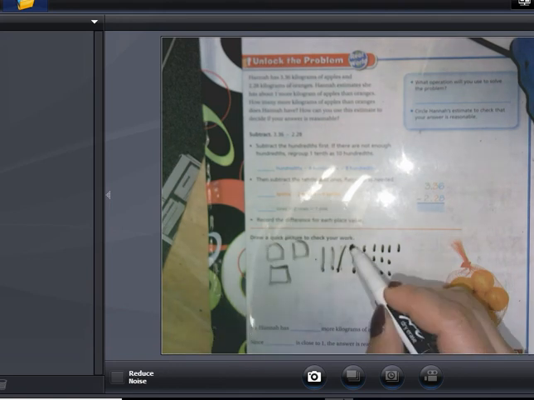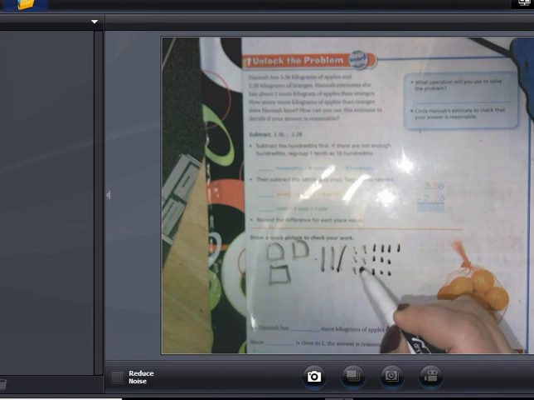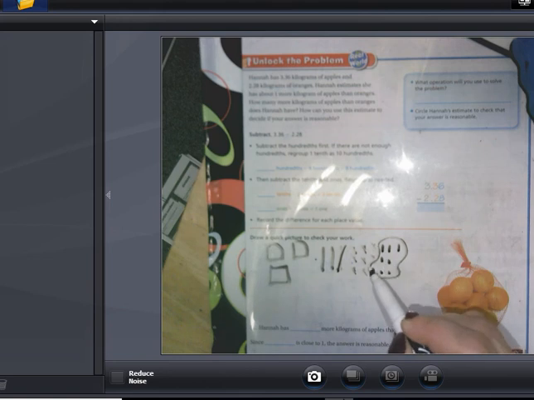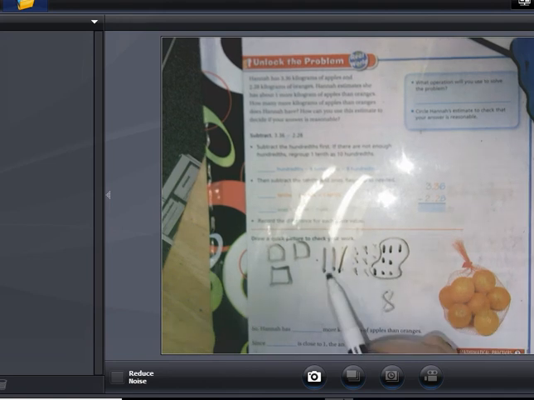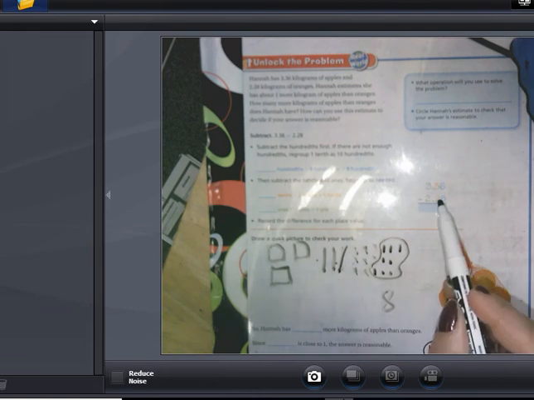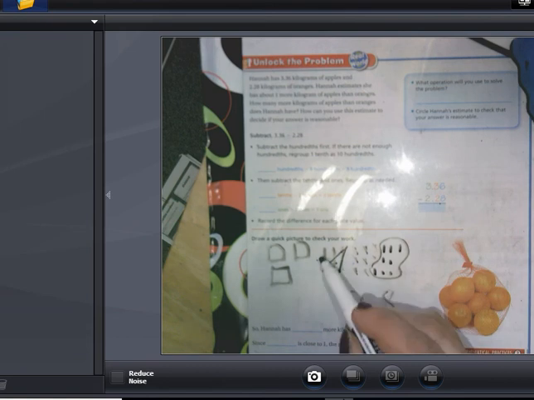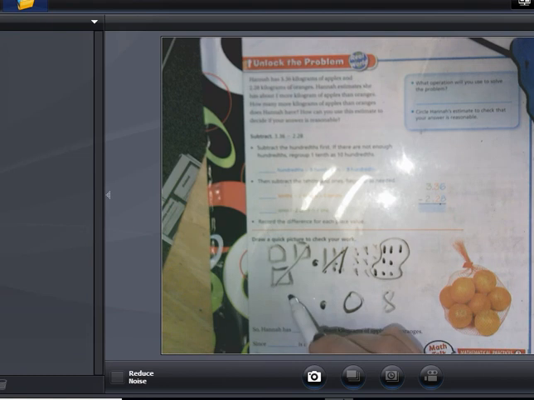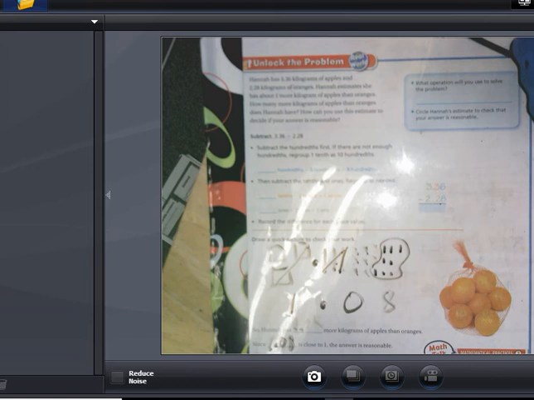Now can I take 8 away? 1, 2, 3, 4, 5, 6, 7, 8. How many do I have left? 2, 3, 4, 5, 6, 7, 8. I have 8 left. I have 2 tenths left, and I have to take 2 tenths away, so I have 0. I have my decimal. I have 3 wholes. I'm taking 2 away. I only have 1 left. So she has 1.08. Since 1.08 is close to 1, it's a reasonable answer.